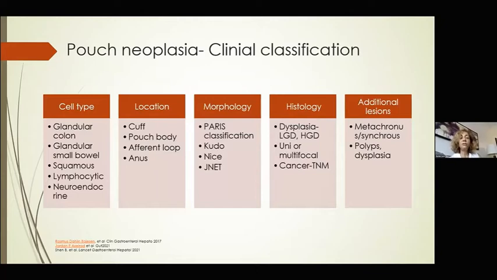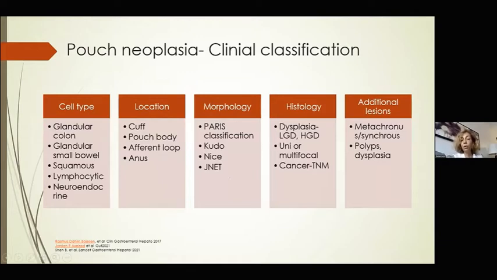As to pouch classification, this is highly important for risk stratification and management and should be very detailed and specific. We should address the cell type, either glandular, small or large bowel mucosa, squamous, lymphocytic, or neuroendocrine, and the exact location in the pouch.